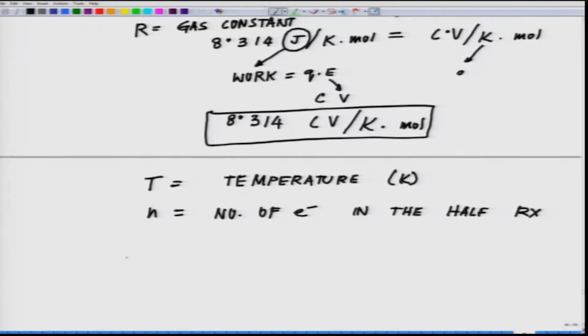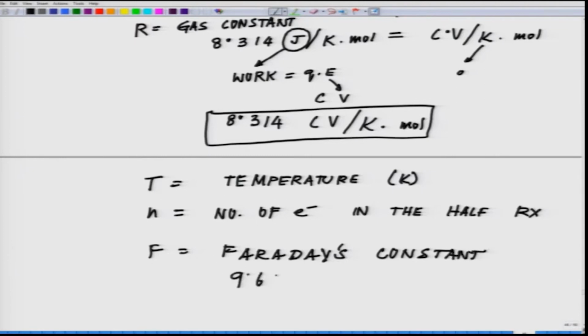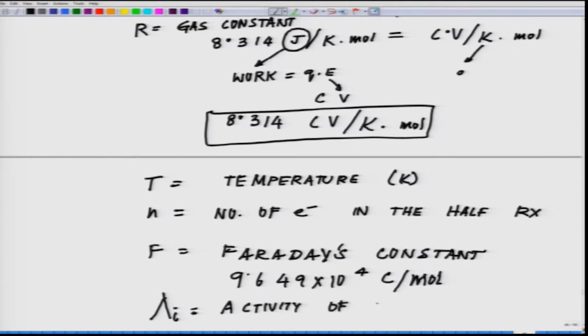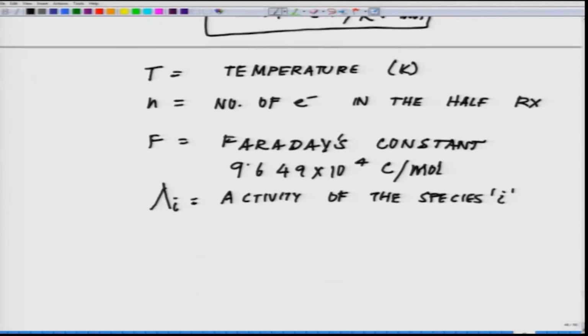Then F is equal to Faraday's constant, which is 9.649 into 10 to the power 4 coulombs per mole, and then you have the activity of the species in question, which is the ith species. It could be anything, A, B, whatsoever.